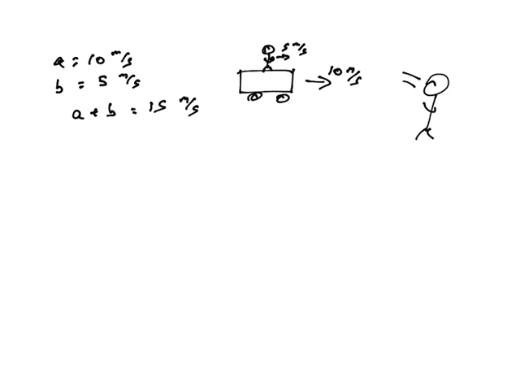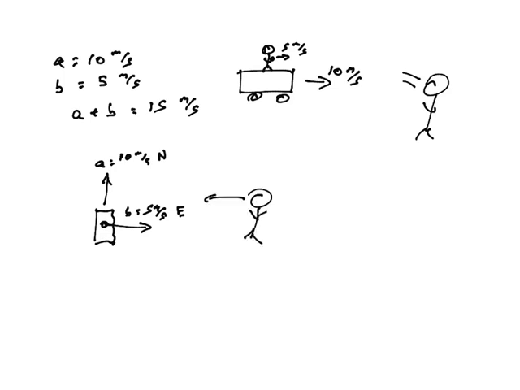However, a problem comes in when you have something like this. Let's say there's a car, and now this is a top-down view, and the car is moving with a velocity of 10 meters per second to the north, and the ball is thrown this way with a velocity of 5 meters per second east. Now someone outside looks at that ball. How fast are they going to see the ball moving?